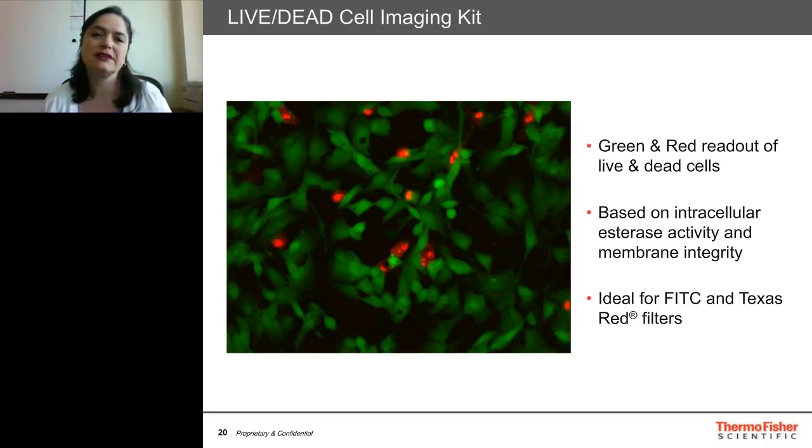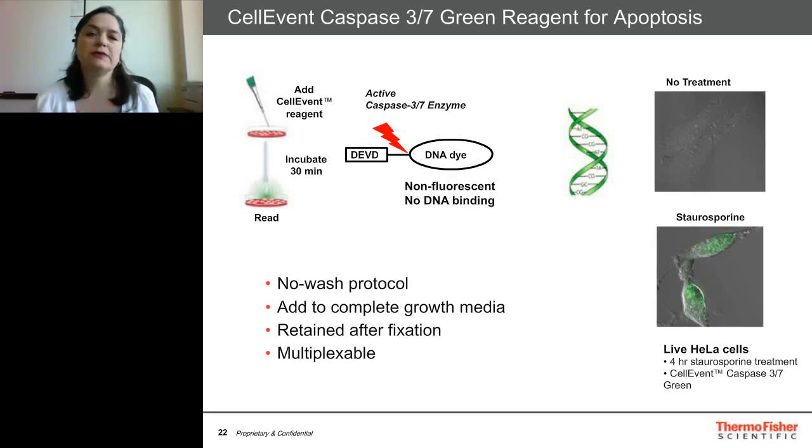That was a very dramatic example, but that's the sort of thing that you could expect to see if you used a live/dead imaging kit with those FITC and Texas Red filter selections.